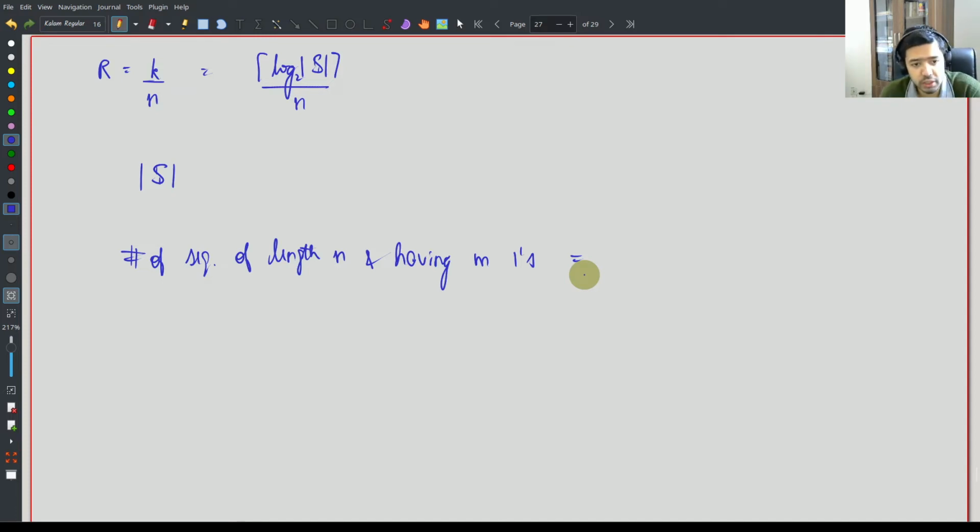What is this quantity equal to? N choose m. Exactly. So it is n choose m.